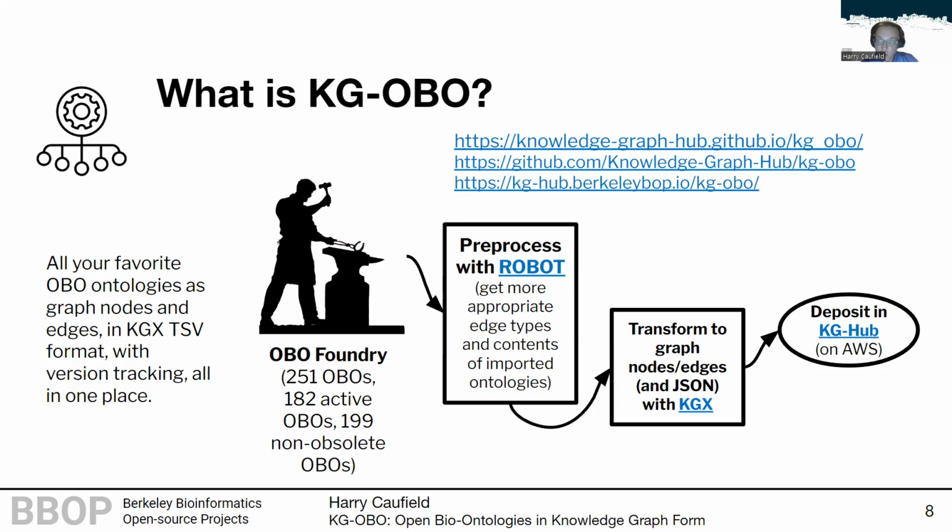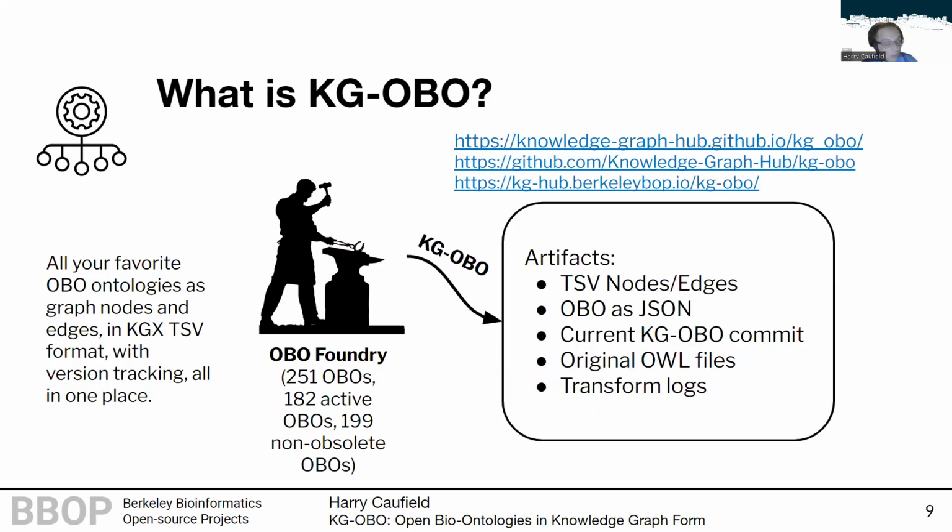And then we deposit that on our KG Hub platform, so it's publicly available. So what you end up with in the end are these nodes and edges in a consistent TSV format, as well as the JSON I mentioned, and additional metadata that will help you to track the provenance not only of the OBO itself, but of the process that was used to create that transform.